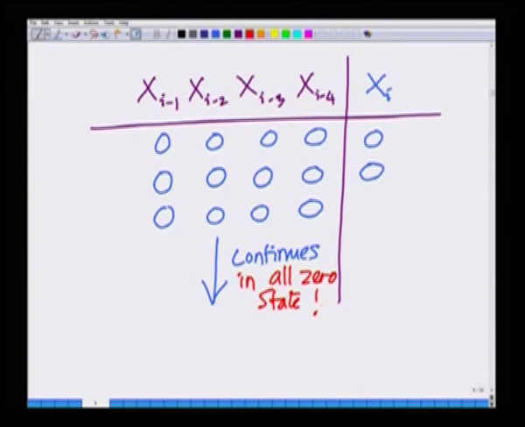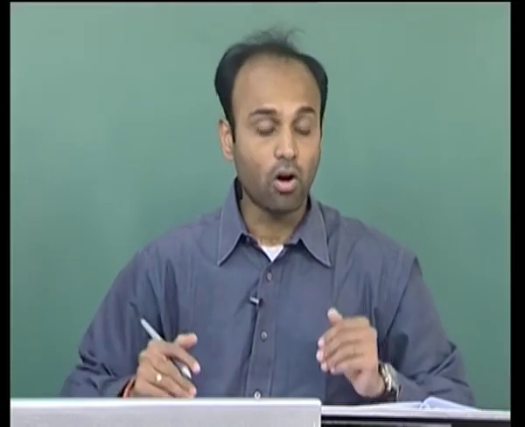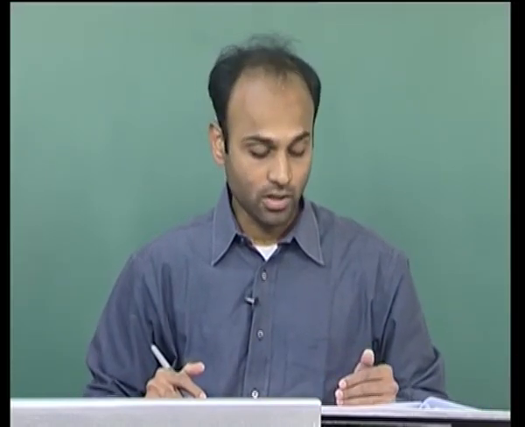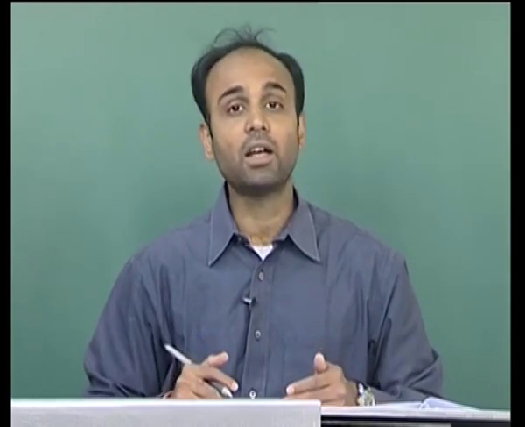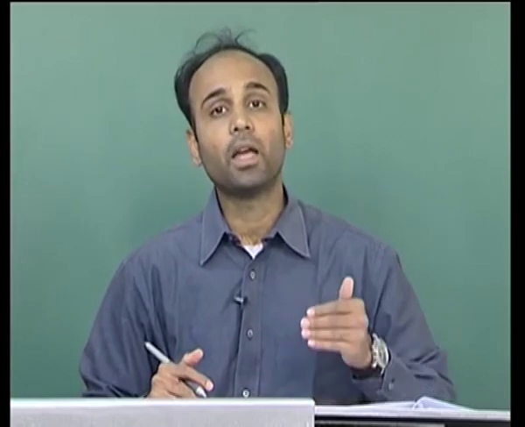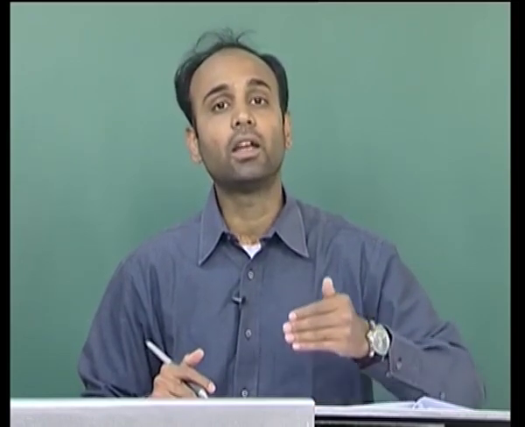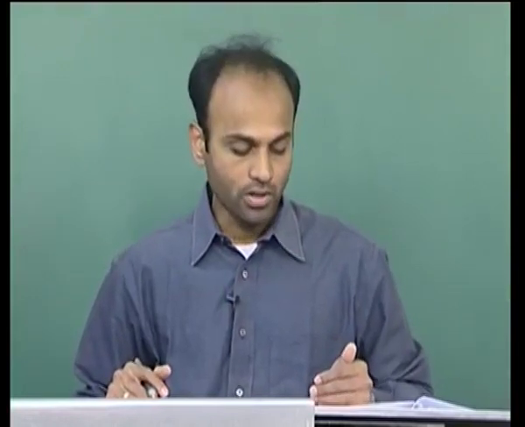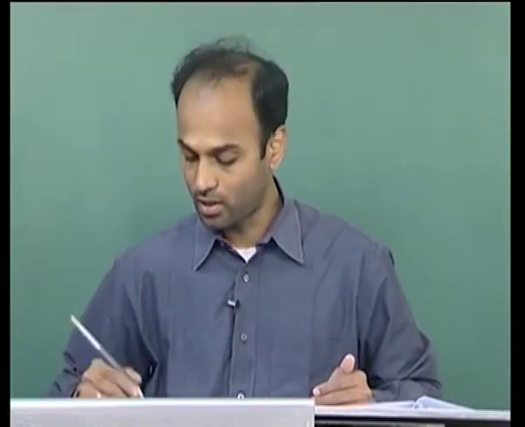If it somehow gets into the all 0 state, it will never get out of the all 0 state. Hence the LFSR can never start in an all 0 state, and in fact, during its period it can never enter the all 0 state, because once it enters the all 0 state, it will never get out of it. That is the reason the all 0 state does not occur.